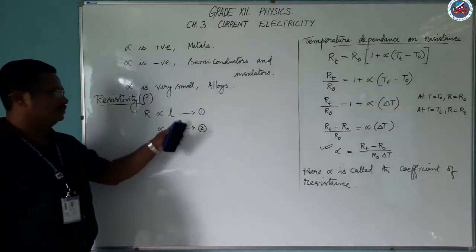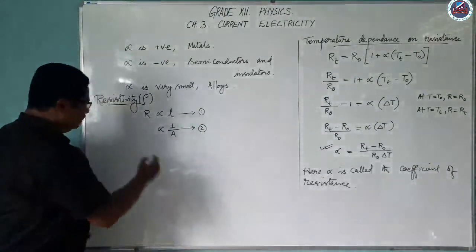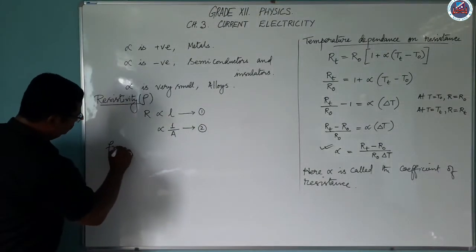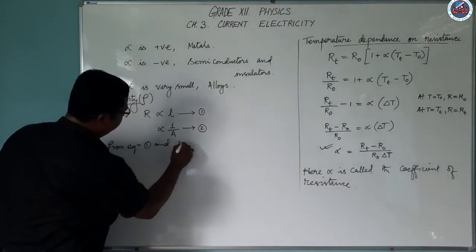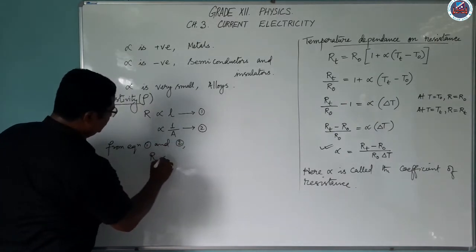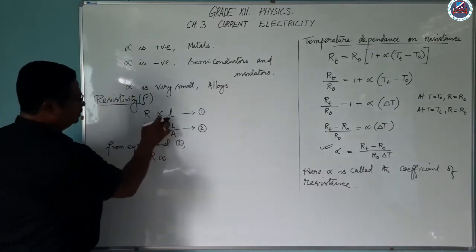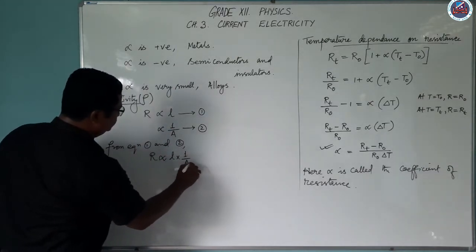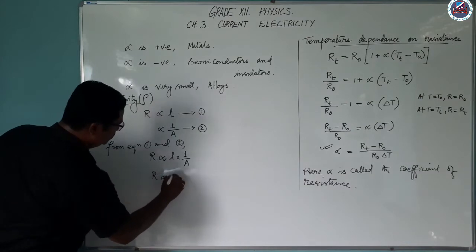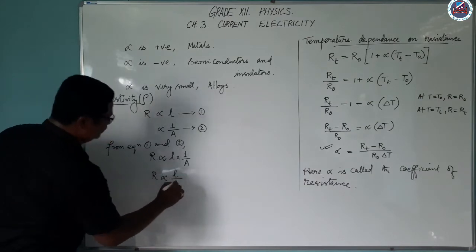When we combine these two factors from equation 1 and 2, we can write resistance is proportional to L into 1 by A. You'll get R is proportional to L by A.